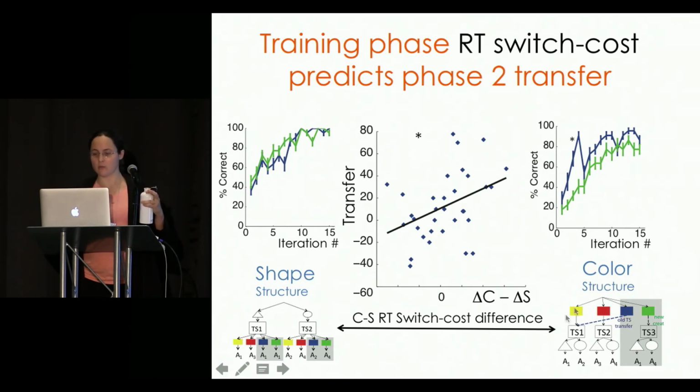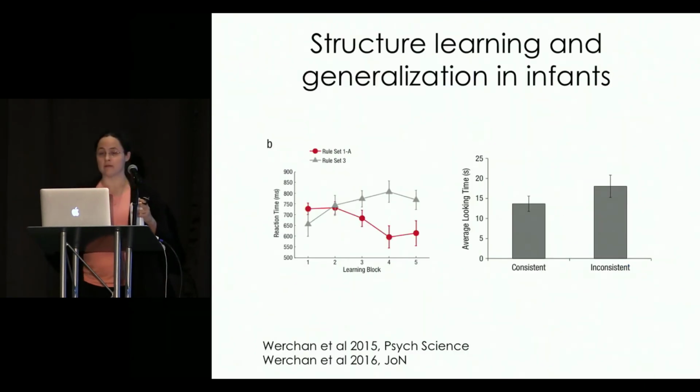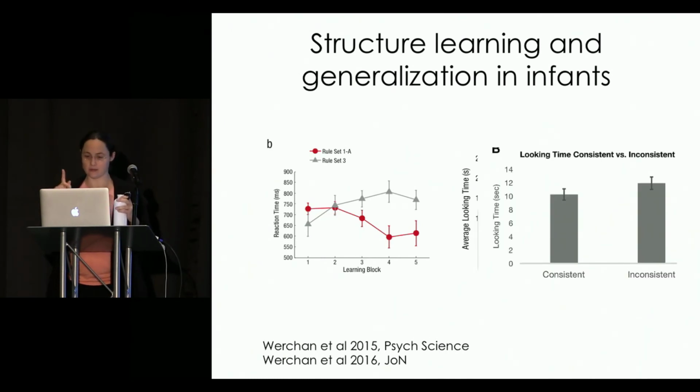This is actually a more complex representation than having a flat representation. We actually replicated this finding in 8-month-old infants, which seems to show that this is a really robust phenomenon in humans. We replicated it twice.